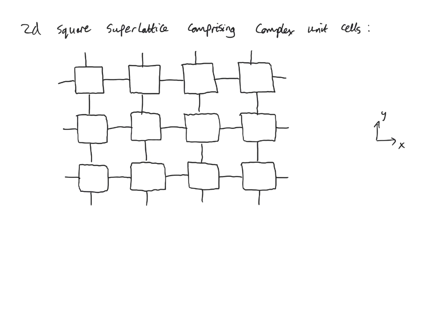So let's imagine, for example, a 2D square superlattice comprising some complex unit cell. So what I've drawn here is a 2D square lattice of unit cells. So this object here is the unit cell.